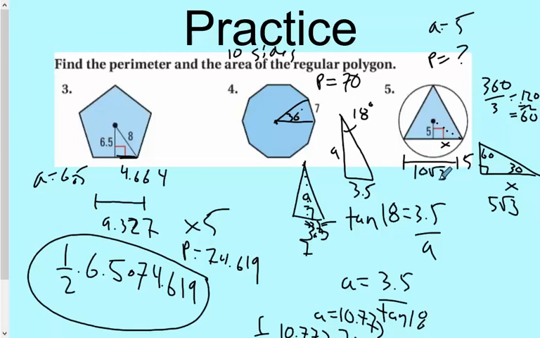Now if I multiply that by 3, it gives me the perimeter, so P equals 30 root 3. So 1/2 times 30 root 3 times the apothem, which was 5. So that would be half of 30 is 15, and then 15 times 5 is, the exact answer would be 75 root 3. That's kind of cool.